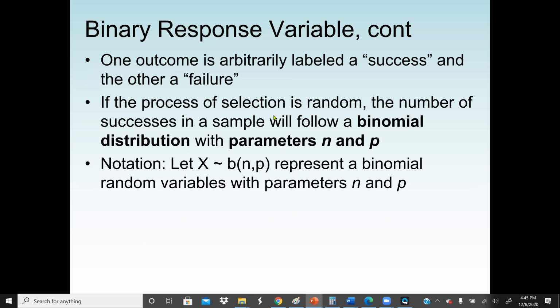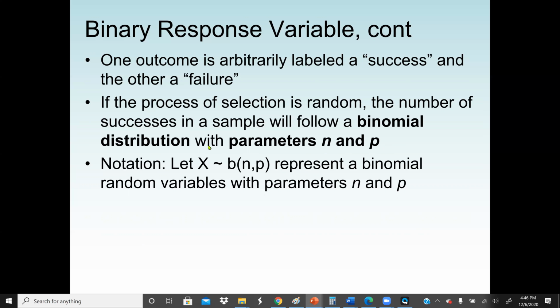If the process of selection is random, then the number of successes in a sample will follow a binomial distribution with parameters n and p. Again, we did the binomial distribution somewhere around unit 6.